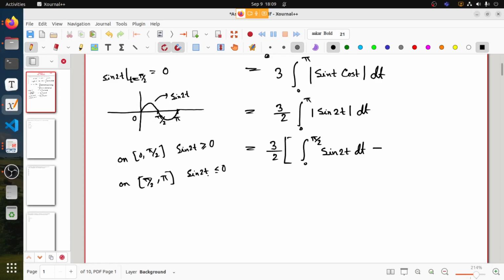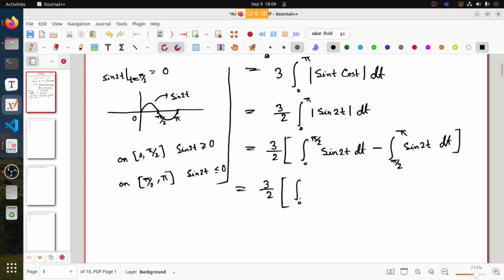Minus of sin 2t will be positive, so from pi by 2 to pi it will be negative sin 2t dt. So we have to do this. It is 3 by 2, from 0 to pi by 2.